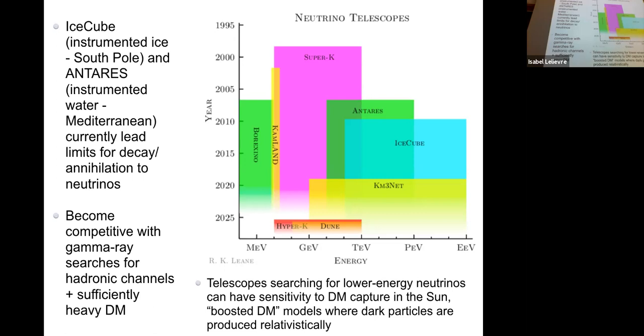Tanya talked a little bit about some of these bounds, using that to place constraints on dark matter properties. In that case, whatever energies the object emits in, you should probably try to look at it in those energies, and that may make a different range of telescopes interesting. But for just annihilation or decay out in space, this is, broadly speaking, the range of current and upcoming telescopes that are interesting.